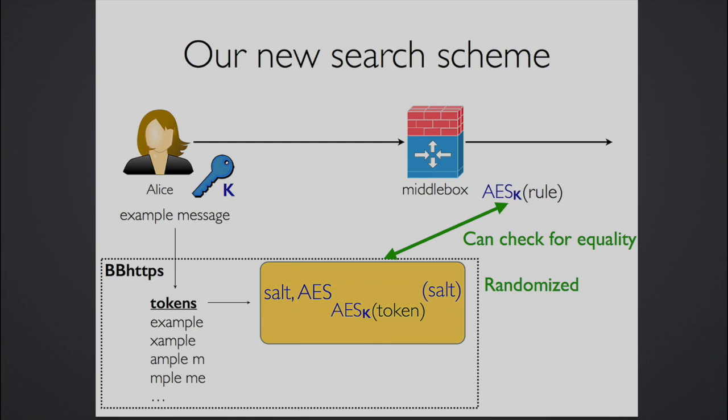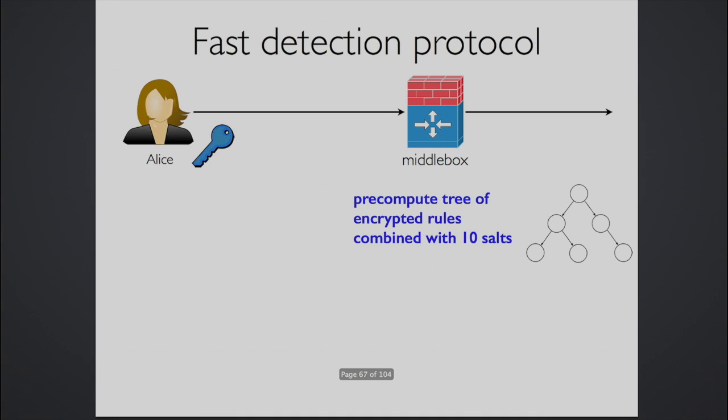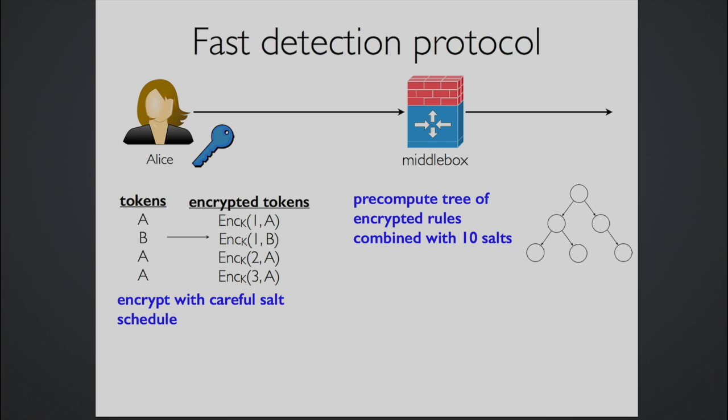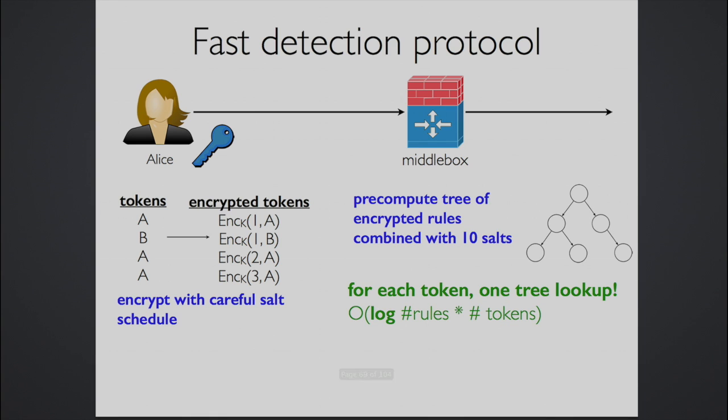It can run at network rates because it only uses AES, and we have AES instructions in hardware. OK, and moreover, on top of this, we are actually able to build trees because we have a very careful schedule for how we choose the salts in a way that preserves the security, but enables us to pre-compute some indexes and adapt the indexes over time, so we can have a very fast lookup.